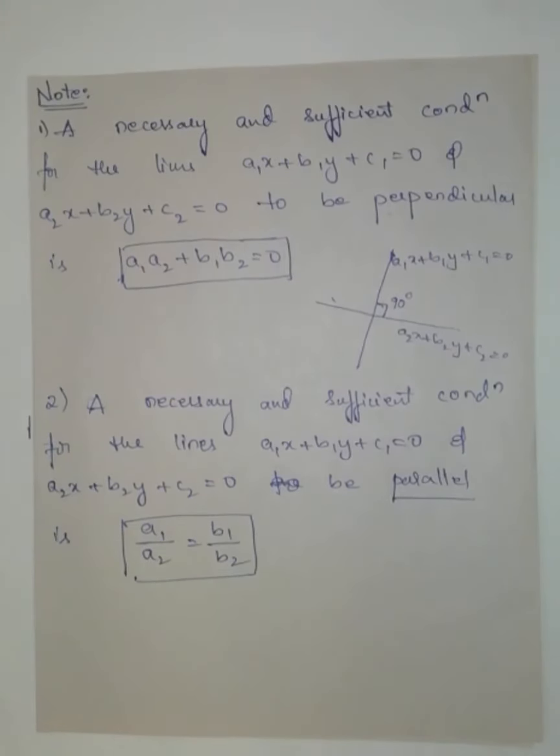If a1 by a2 is equal to b1 by b2, then directly I will say that the two lines, this one and this one, are parallel.